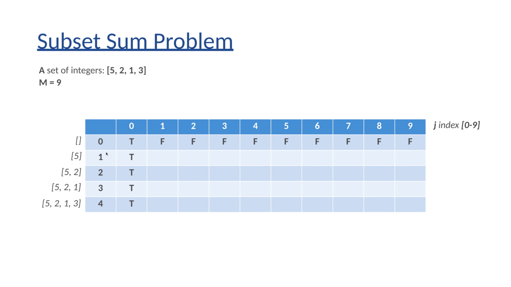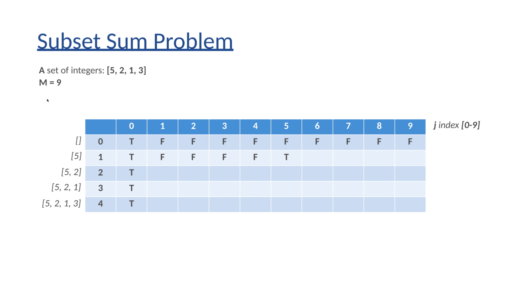Okay, let's see the second row as far as index 1 is concerned. In this case, we can use the first integer with value 5 exclusively. Is it possible to get the value 1 if we have a single integer with value 5? Of course not. Is it possible to get the value 2 if we have a single integer 5? Of course not, until we get to number 5.